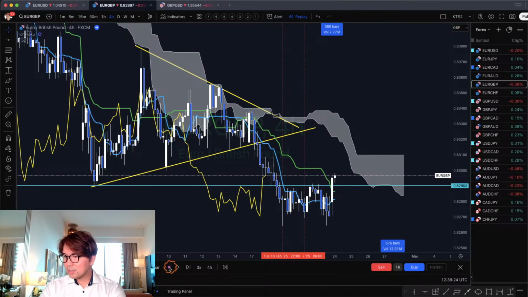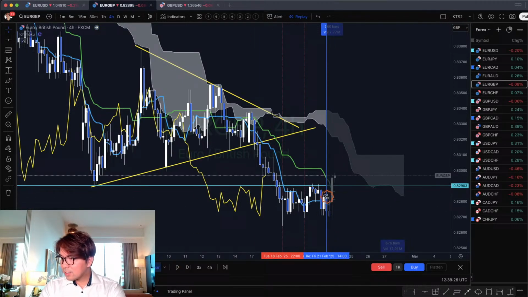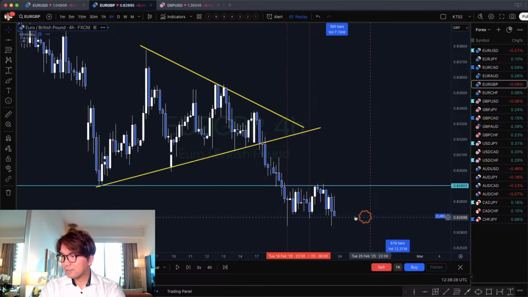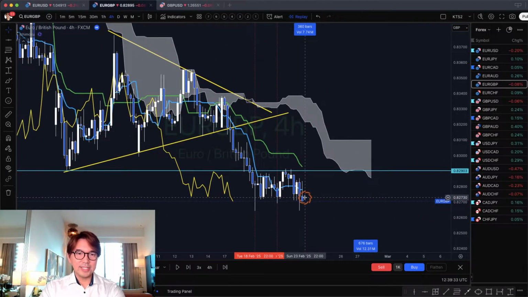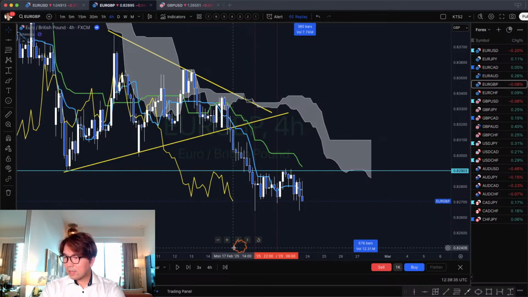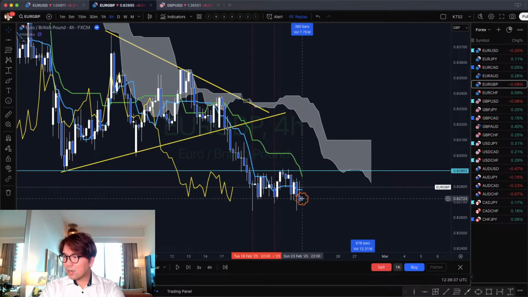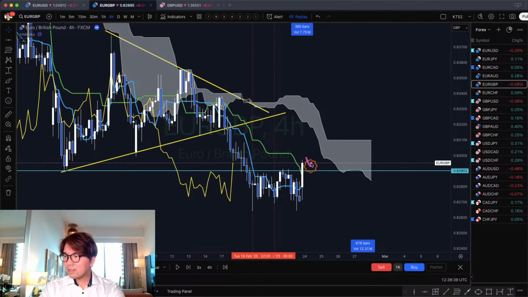Sellers are still dominant over buyers, exactly again up until this bar. So you could still look for the selling opportunities. And next bar, when you are at here, then no trade. You don't want to sell and you don't want to buy either, because it's going to be range.